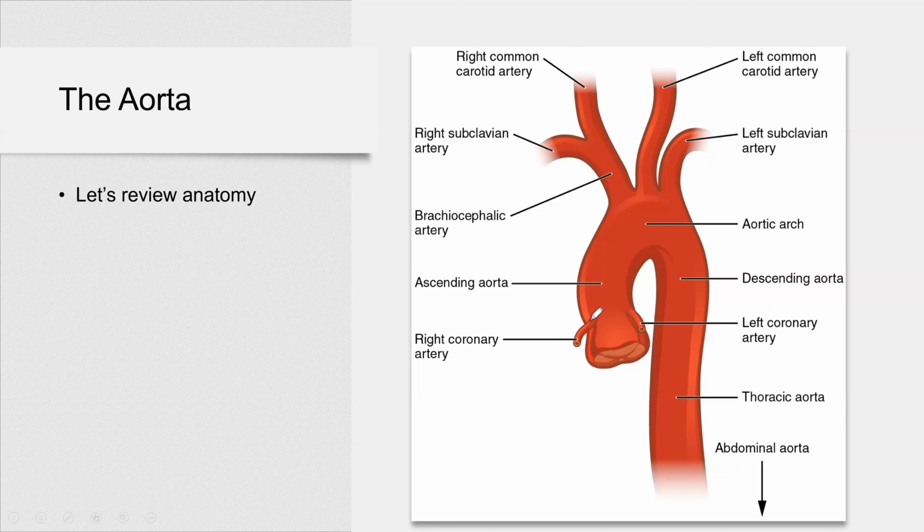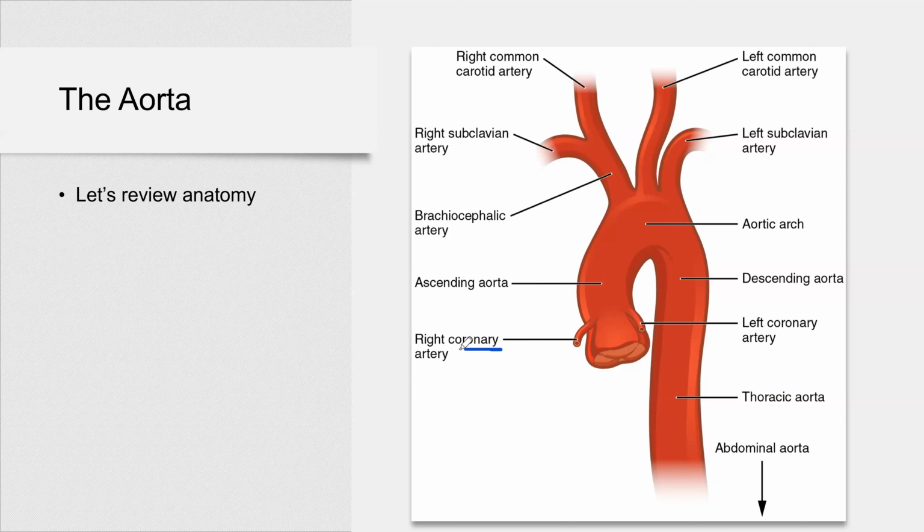Right, so aorta is going to carry oxygenated blood to every single organ and tissue and cell of your body, right? And it will have many branches. I think we have about 100 branches from aorta. But the first 2 branches right here will be right and left coronary arteries.